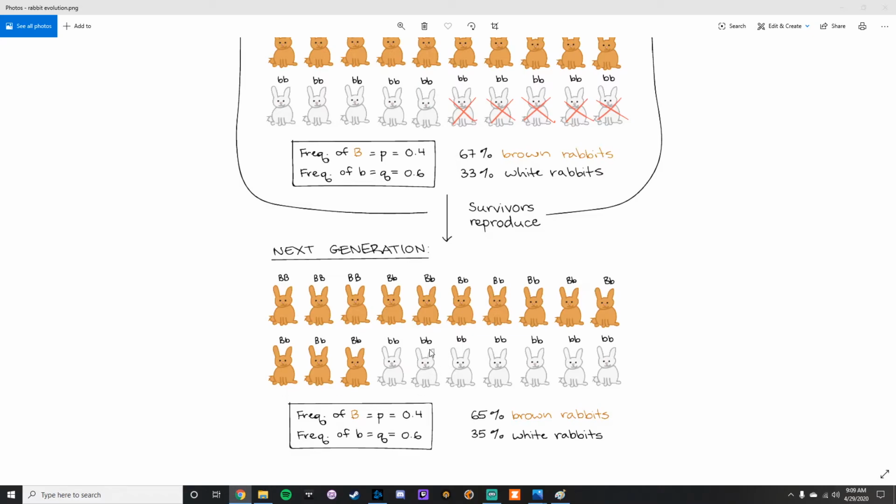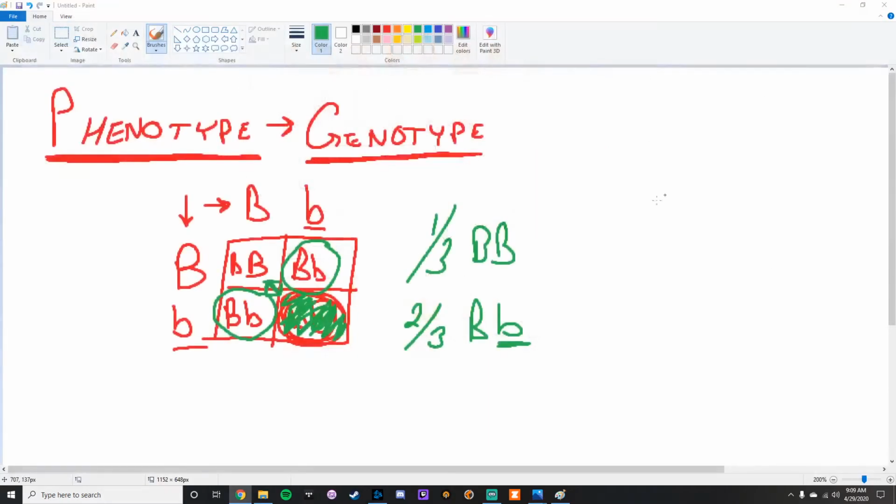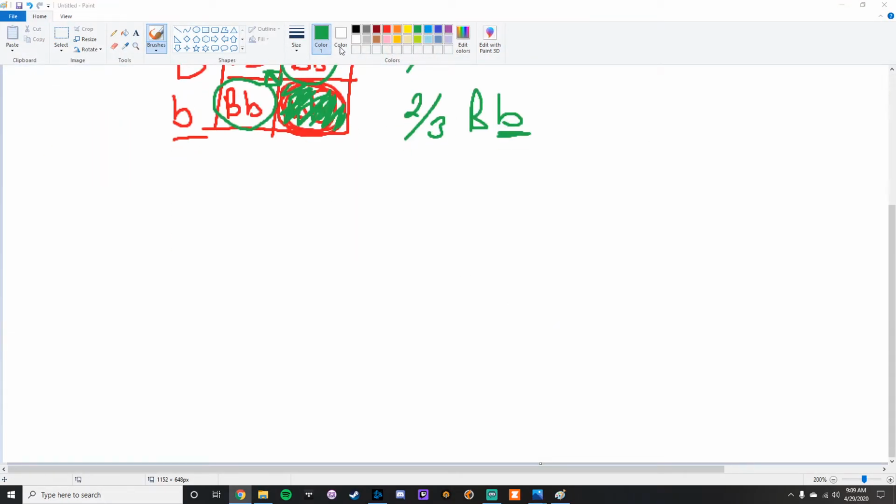All right. But this gets into a term that we're talking about called fitness. And this is not what we normally think about with fitness.